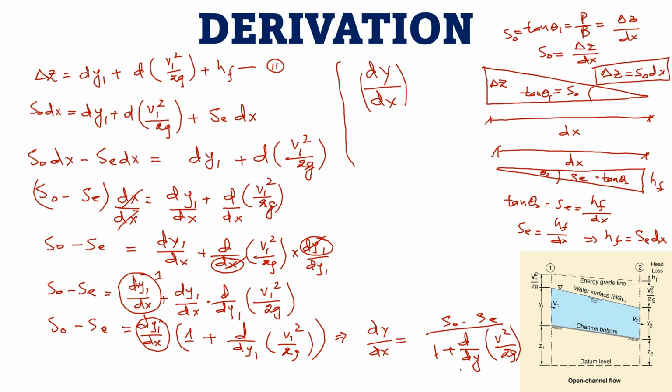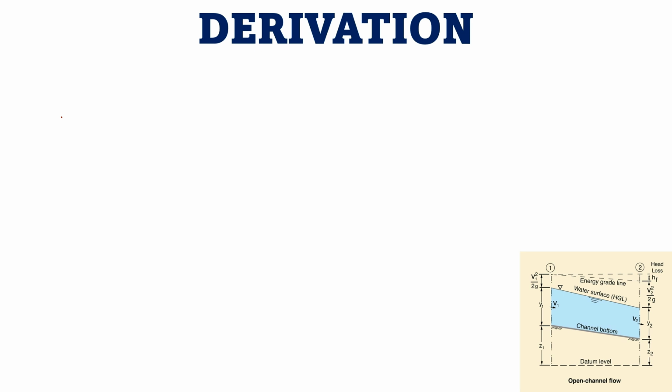So the problem is this section. So now we will solve for this section. Simply, the term which is creating the problem is d over dy into v square over 2g. So from the equation of continuity, we know that Q is equal to AV.